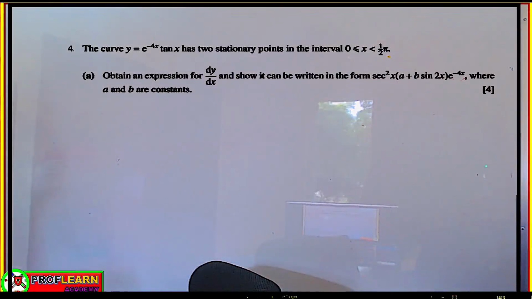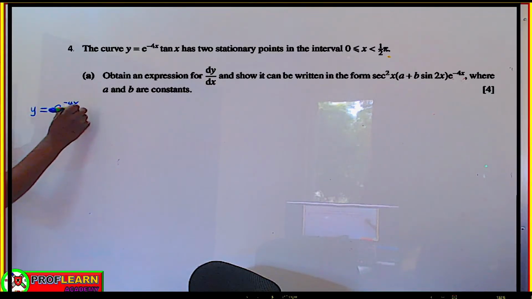And we shall begin by writing how the function was given. The function is given as y equals e to negative 4x times tan x.